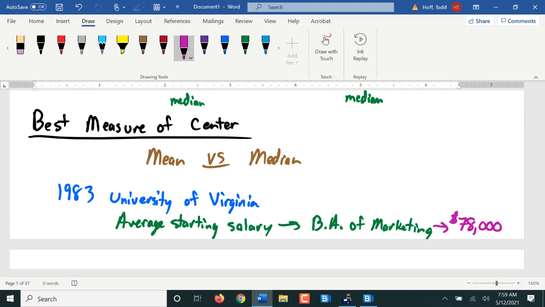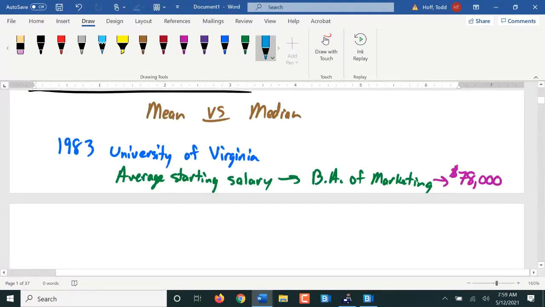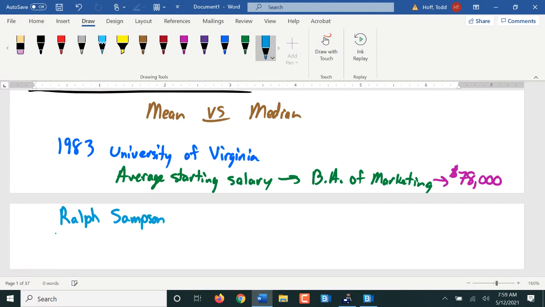Except they failed to disclose in that number one of the graduates that year who did graduate with his degree in marketing, a man by the name of Ralph Sampson. Mr. Sampson was 7 feet 4 inches tall.